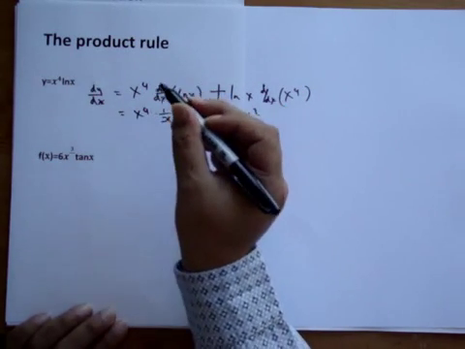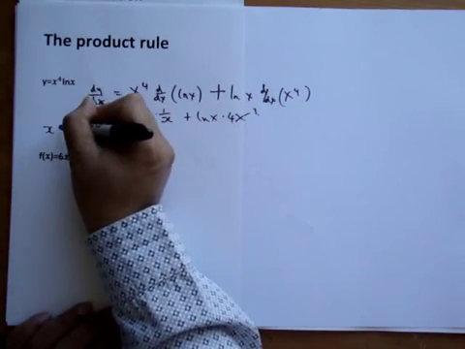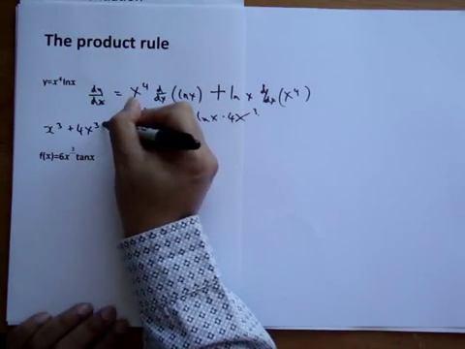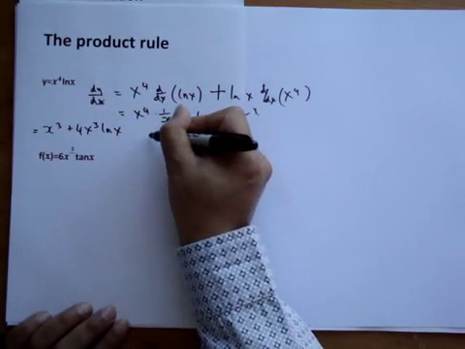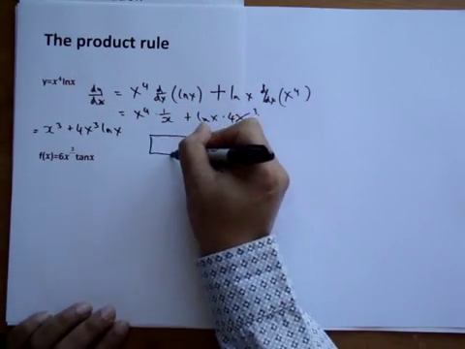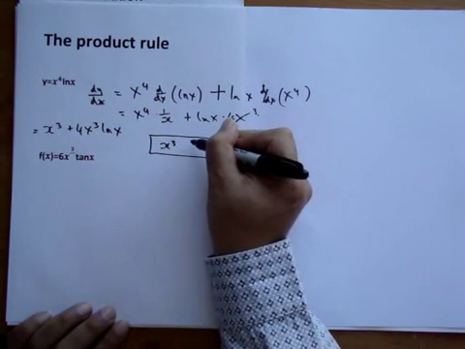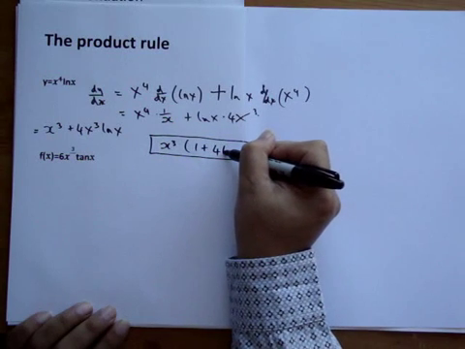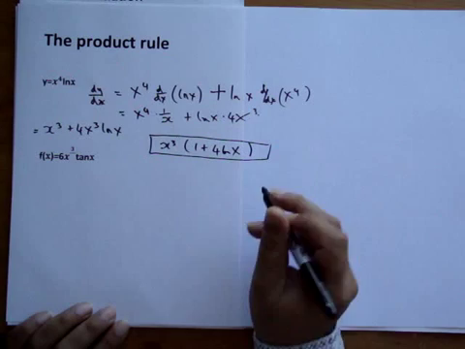When we tidy that up, it becomes x to the power 3 plus 4x cubed ln x. And then tidying that up, we bring the x to the power 3 to the outside, we get 1 plus 4 ln x, and that is our answer.